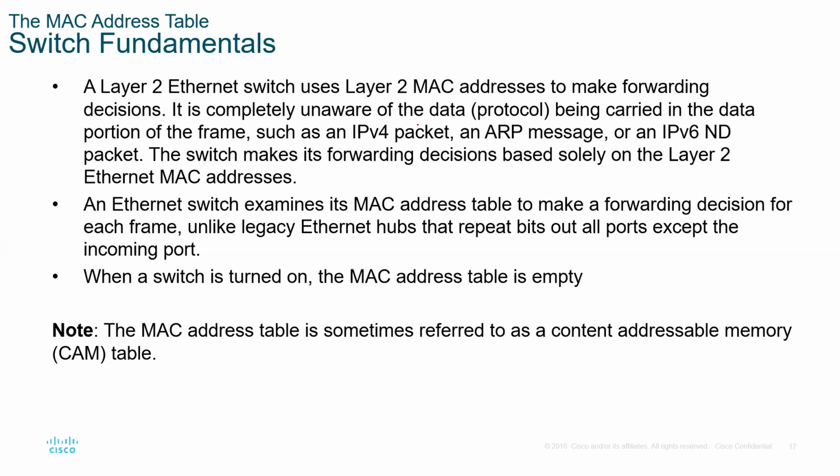The switch makes its forwarding decisions based solely on the layer 2 Ethernet MAC addresses, regardless of whatever protocol is in the upper layers. An Ethernet switch examines its MAC addressing table to make a forwarding decision for each frame.